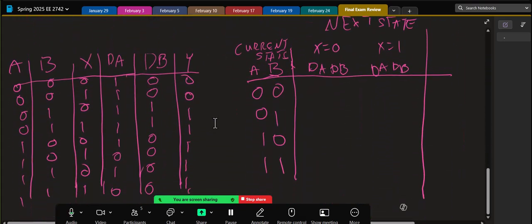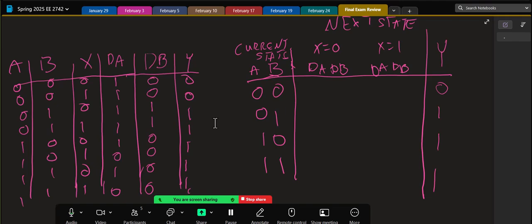Okay, so here's our output. This is y. And we know the output is equal to A or B. So our output is going to be 0, 1, 1, 1. And if you go back and check your table, that ought to work. Okay, so now we're going to figure out the next state.